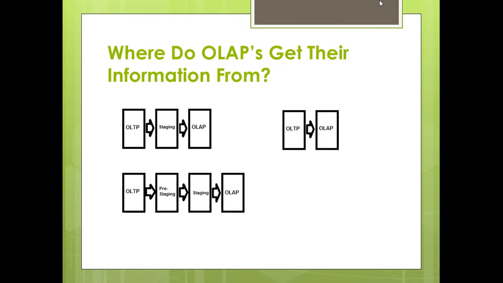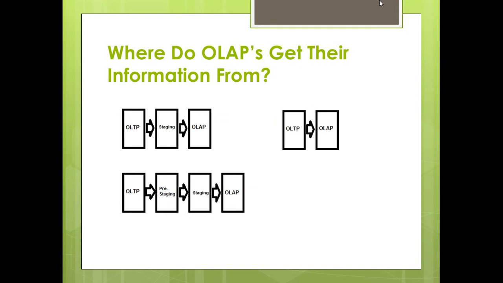So now, where do OLAPs get their information from? Well, an OLAP is a back-end historical database. So rarely, if ever, does the OLAP, in theory and in practicality, get information stored in it directly. Normally, when information is put in an OLAP, it is already processed.